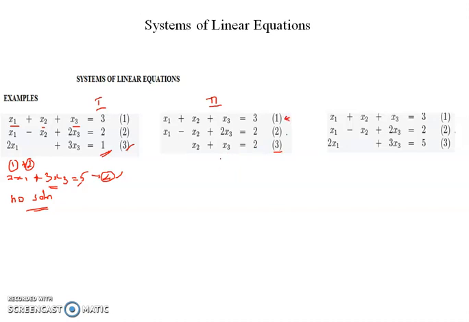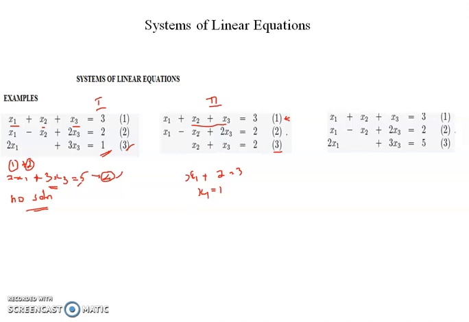Substituting the value of 3 in 1, you will be getting x1 plus x2 plus x3 is equal to 2. So x1 plus 2 is equal to 3, and x1 will be equal to 1. Okay, so x1 value you got.